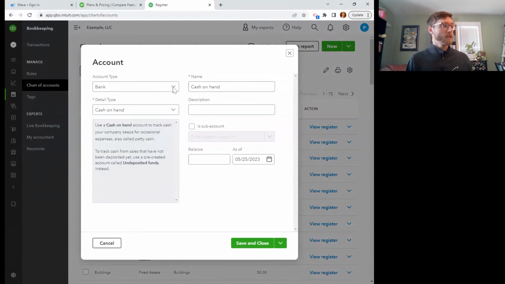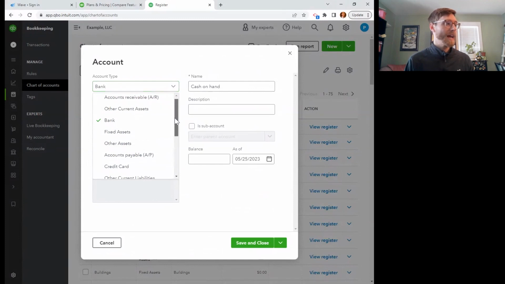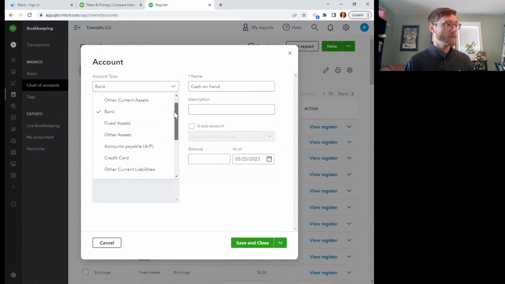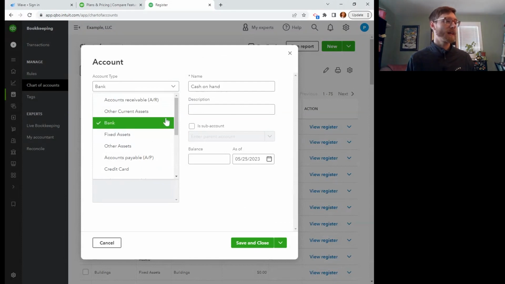The first question, top left, is what kind of account do I want to add? I've got all of these options here, all the ones we just went through. I've got some asset accounts. Maybe if I'm purchasing a specific fixed asset, like a truck or a dumpster or a building, I would create a fixed asset account just for that.